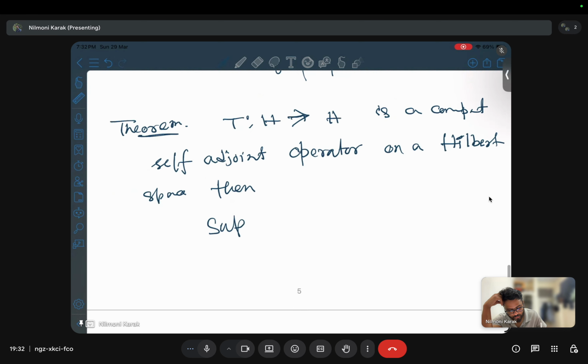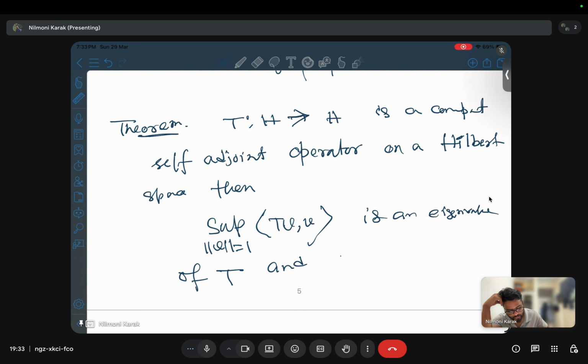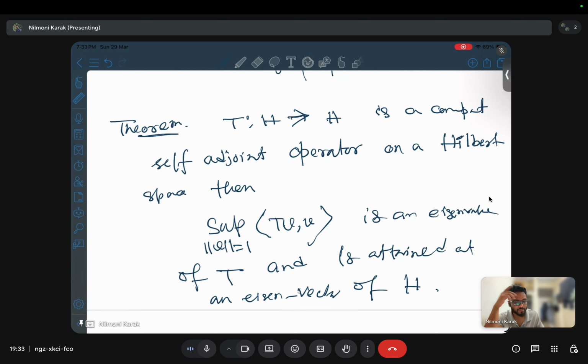Then the norm of T is an eigenvalue of T and is attained at an eigenvector of H. The proof is a very easy and elementary proof.